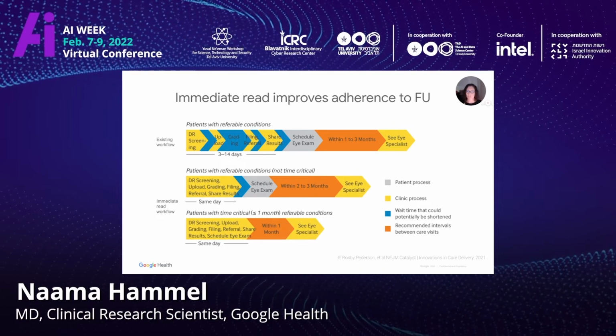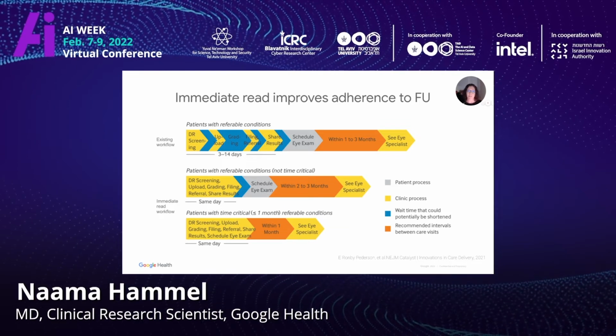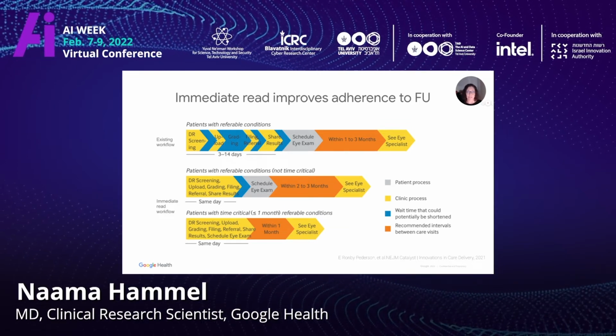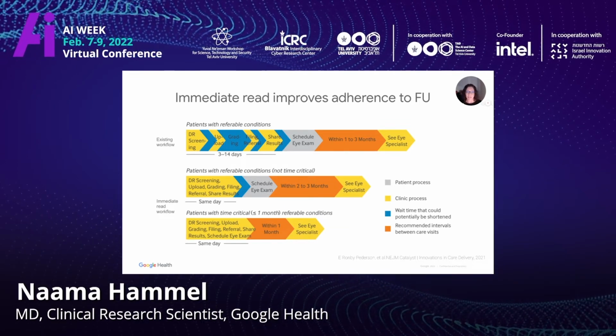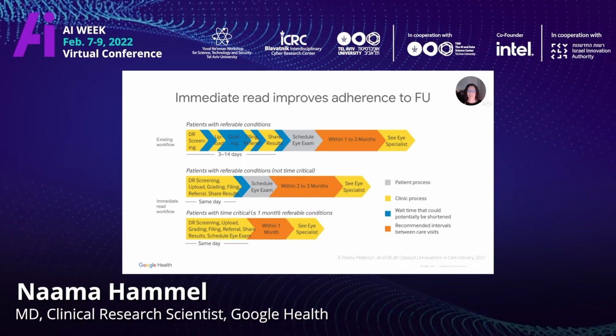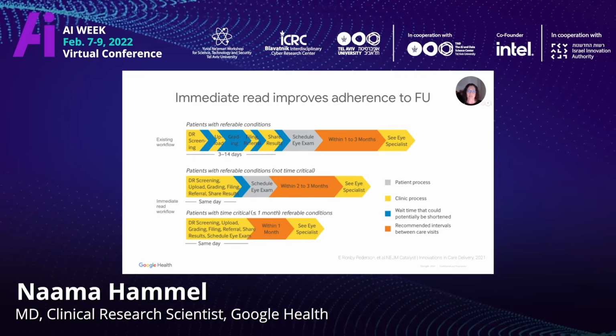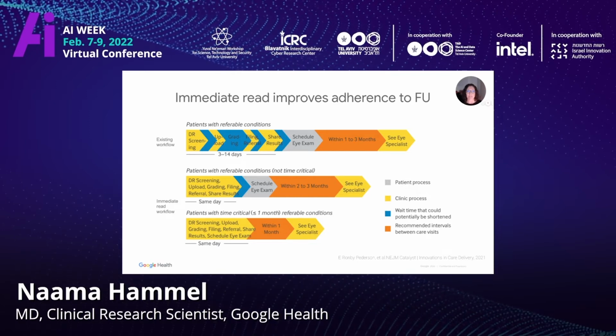So currently, the existing workflow is that you get your photo taken. This is a primary care setting. You get your photo taken, a person reads it within 2 weeks, and then your clinic gets the result. And then, if needed, they schedule an eye exam for you. And this takes months and months.